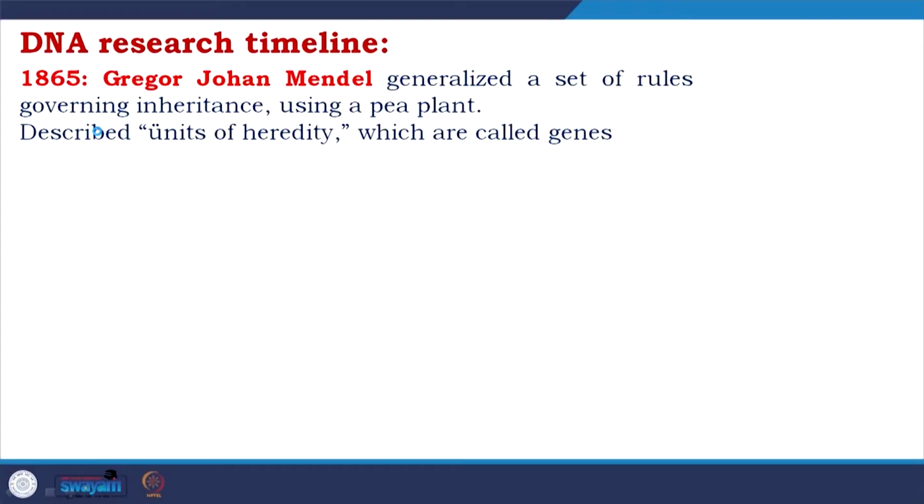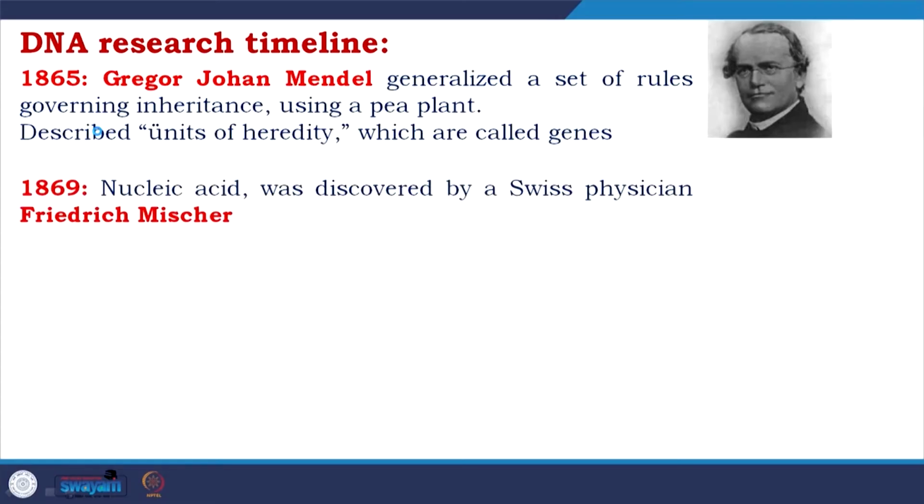So, the first DNA research breakthrough was in 1865 with Gregor Johann Mendel. We know he is called the father of genetics, and using peas he did extensive hybridization and developed basic laws of genetics.